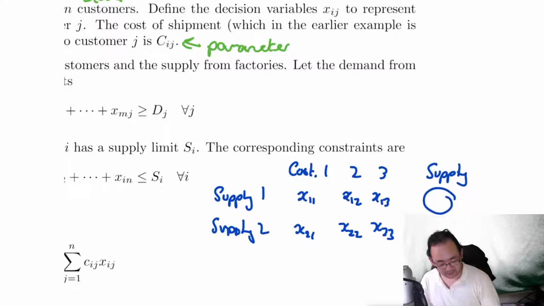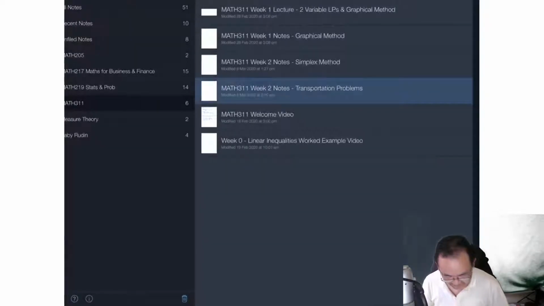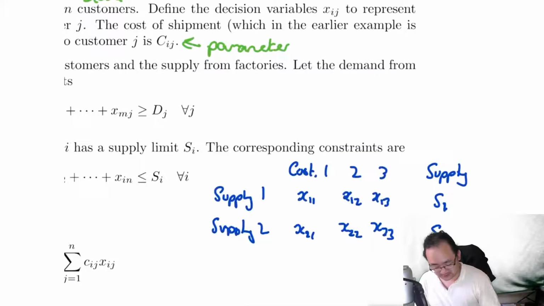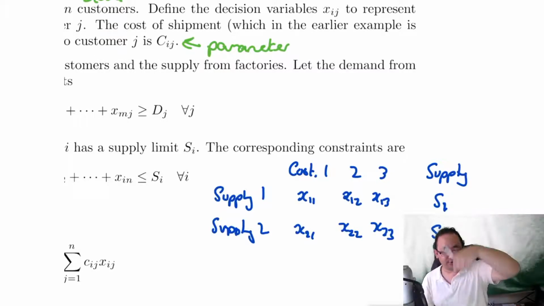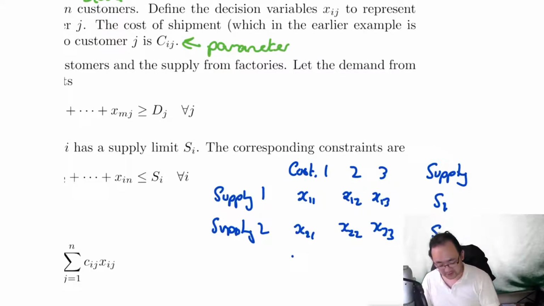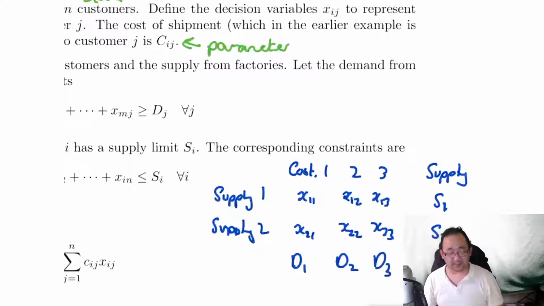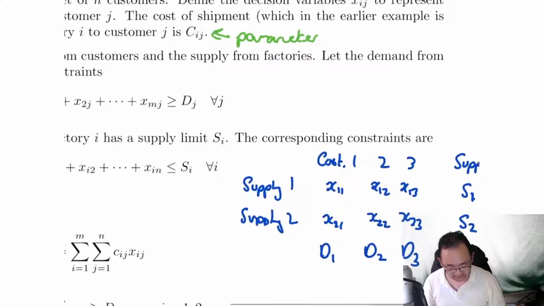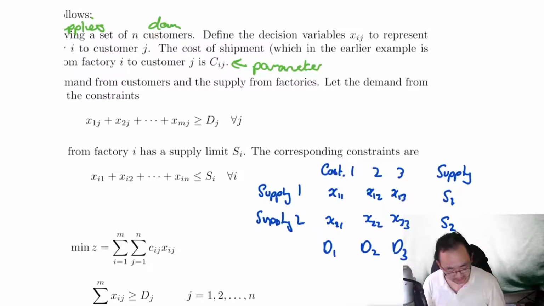So the supply in this case is now going to be Si. That's going to be S1, and then S2, and then for each of the customers going down the columns, that's going to be demand 1, demand 2, demand 3, and all of them are also parameters because they're numbers that go with the problem, but in the more general sense, we don't know what they are yet.